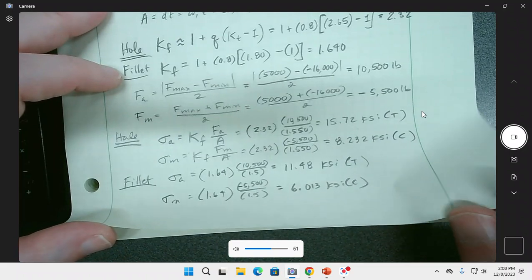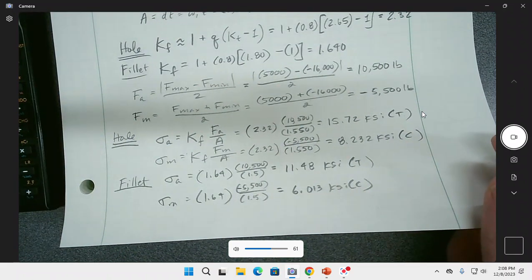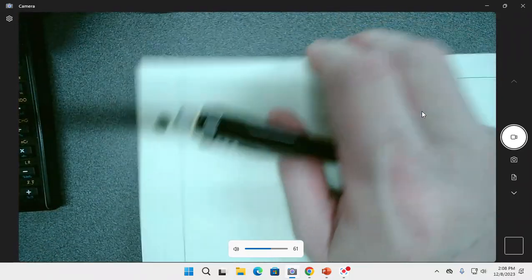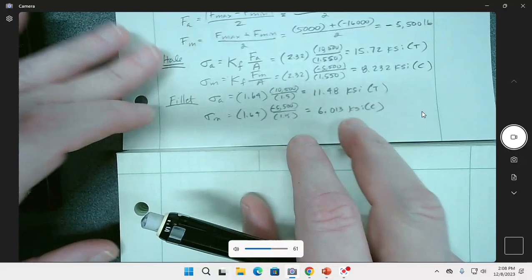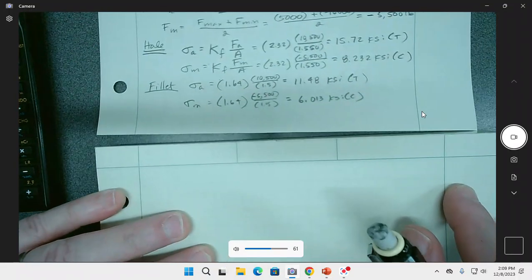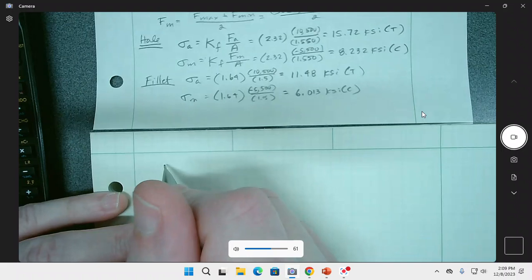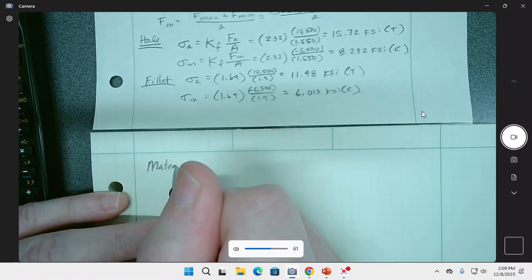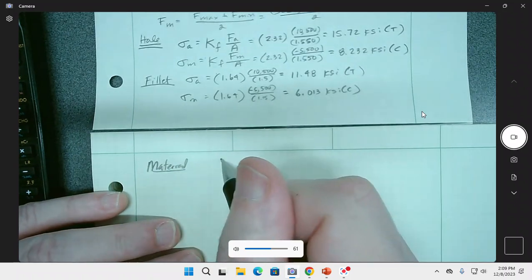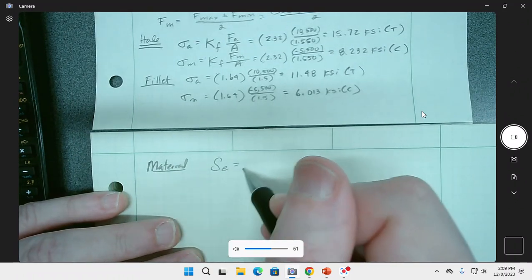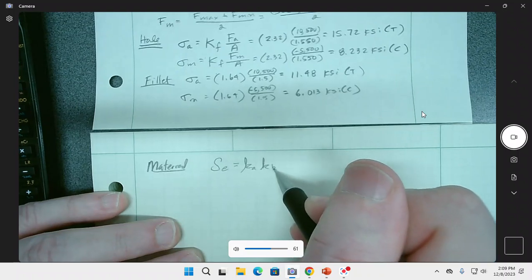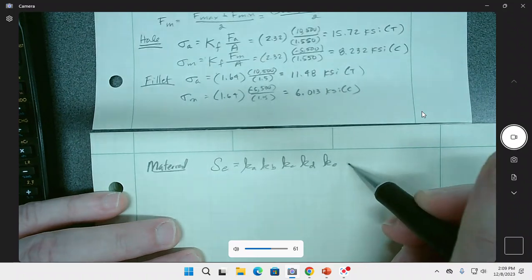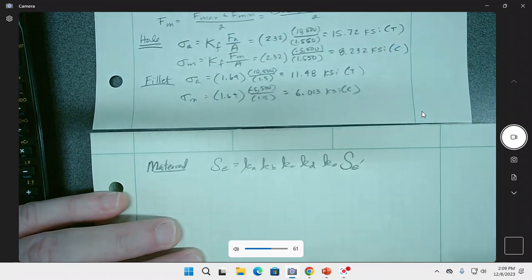All right, so what are we doing on time? We got ourselves set up here. Let's do the tedious material part, where Se is equal to Ka, Kb, Kc, Kd, and Ke times Se prime.